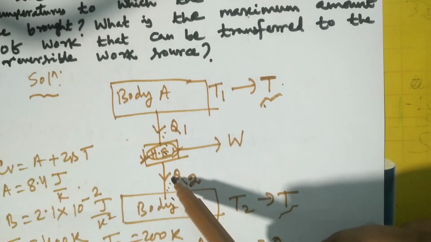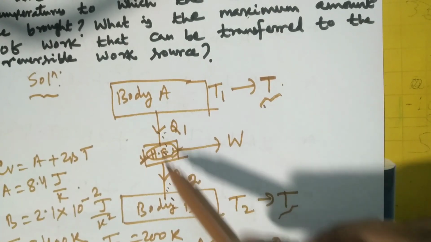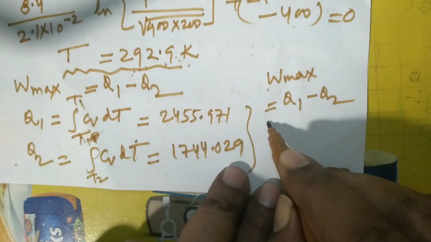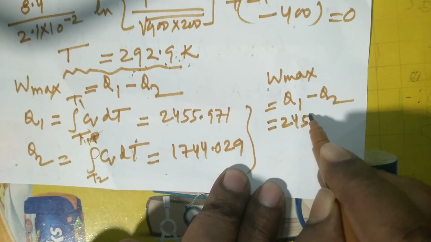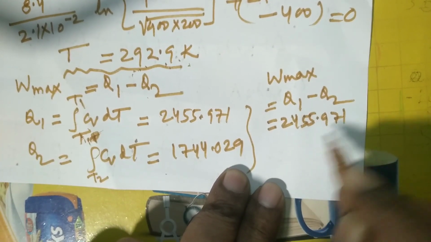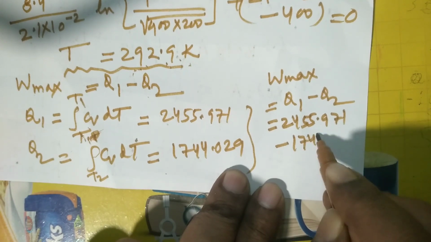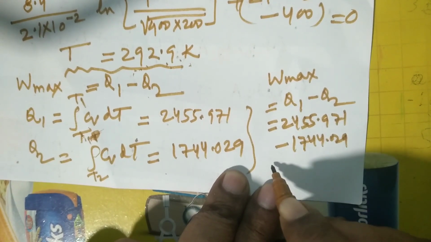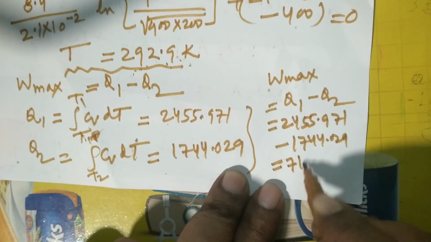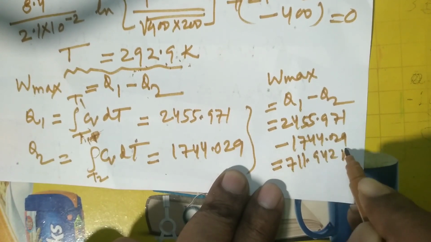Heat added is Q1 and heat rejected is Q2. So Q1 minus Q2 is the W. That means W max is Q1 minus Q2, 2455.971 minus 1744.029. This is equal to 711.942 kilojoule.